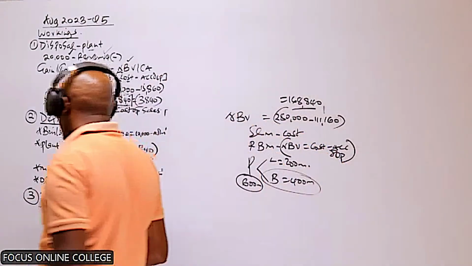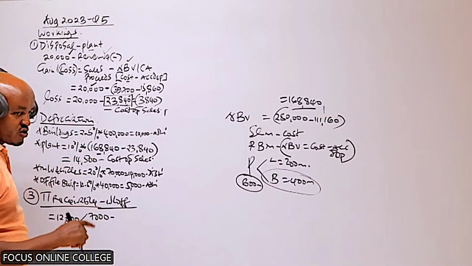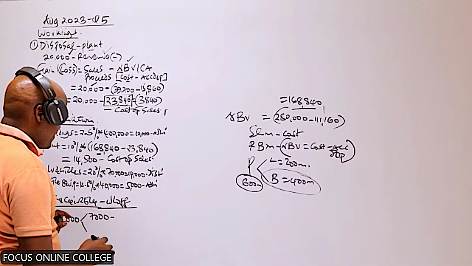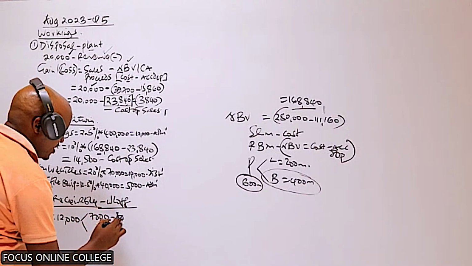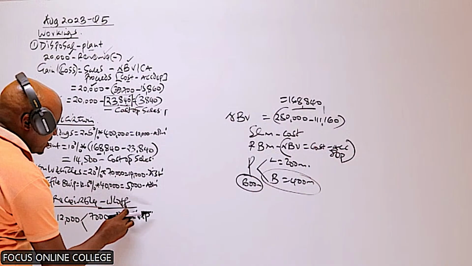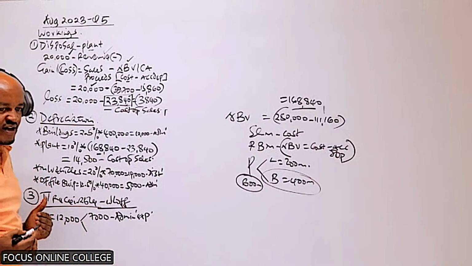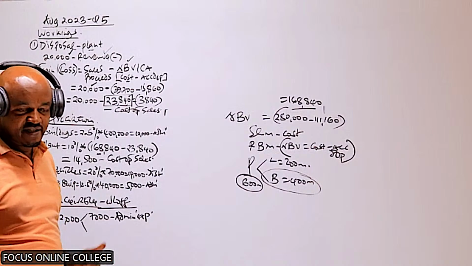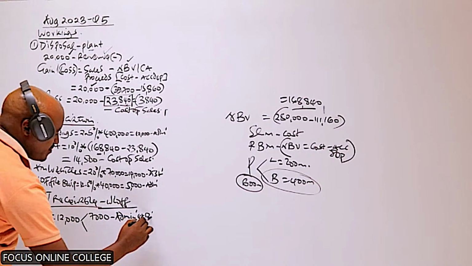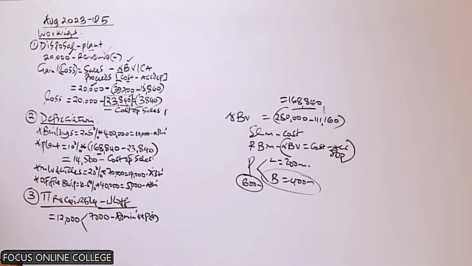Now, because this particular amount has been written off as a result of a decision made by the management of the company, this one we include within the administrative expenses. It is an amount which has been written off as a result of administrative decision, as a result of decision made by the management. So this one will be added within the administrative expenses.